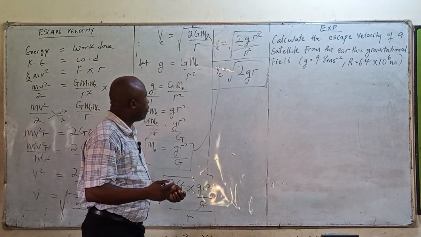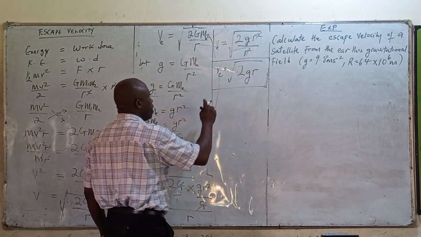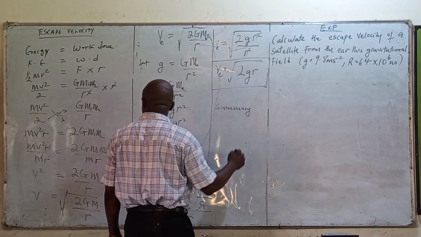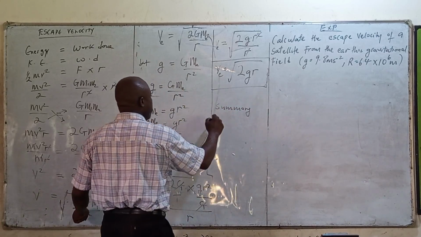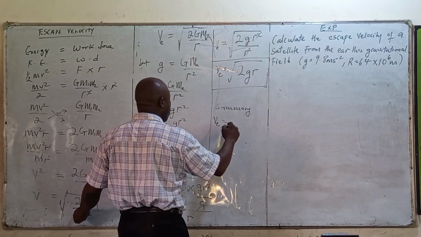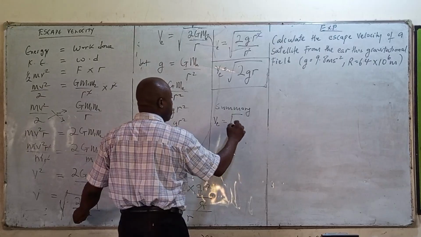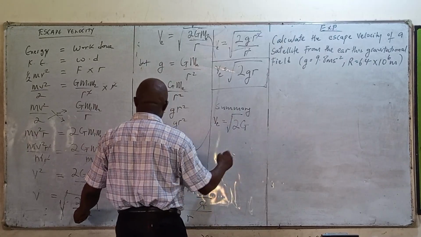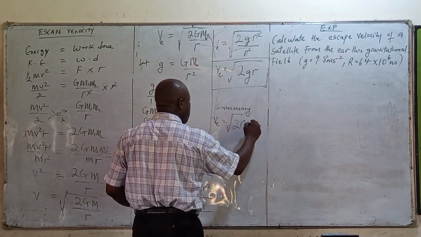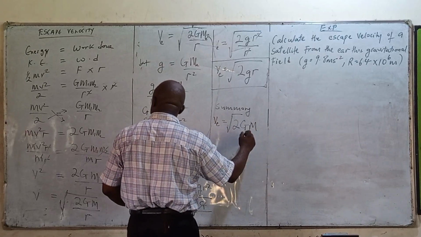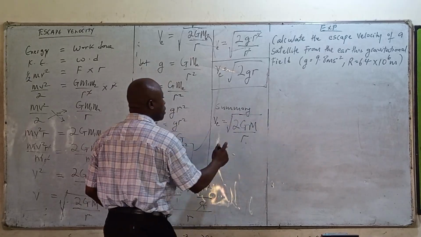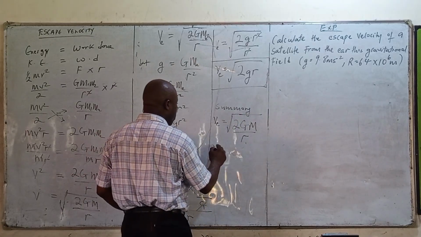Now we have two formulas. So in summary, the first formula is V equals square root of 2GM over R, written in terms of the gravitational constant.